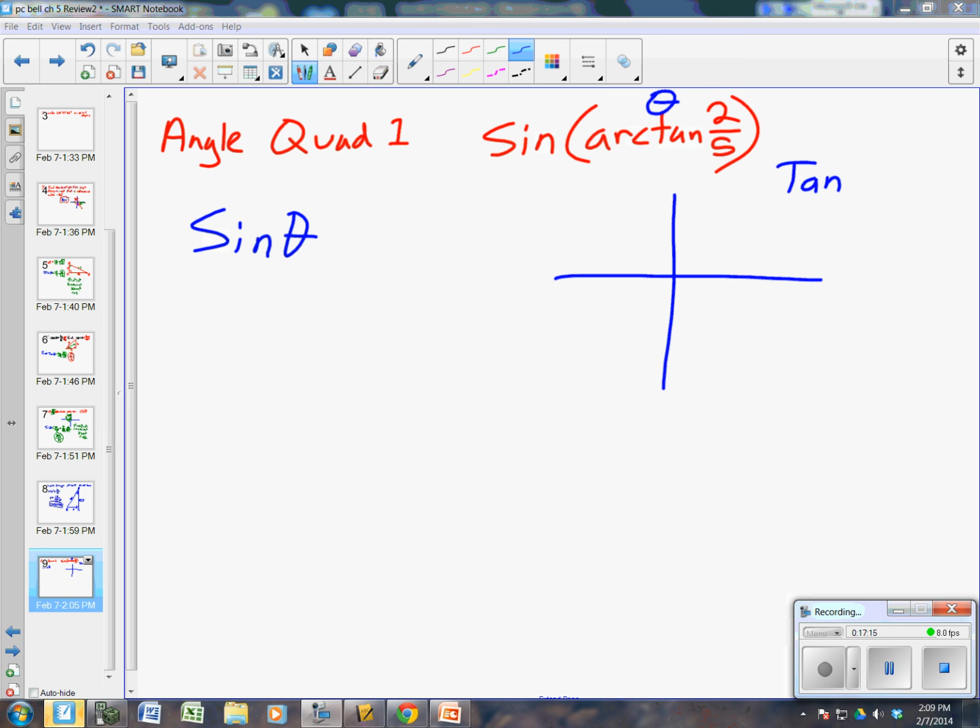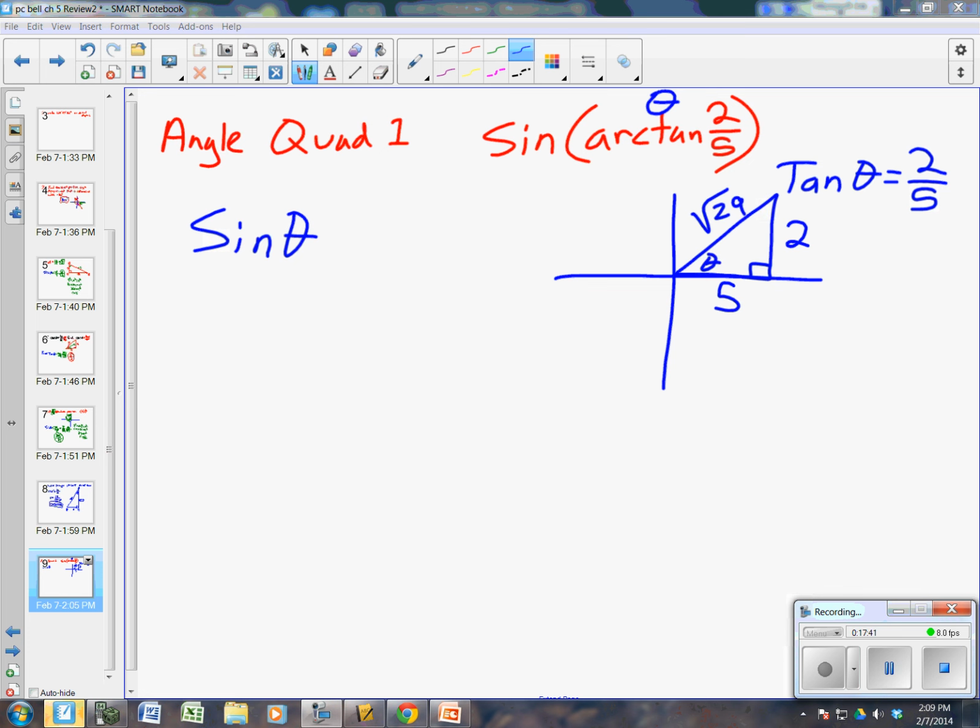That arctangent means the tangent of theta equals 2/5. So it becomes like the other problems we did. So if we have our angle in quadrant 1 right here, tangent is defined to be opposite over adjacent. So opposite side is 2, adjacent side is 5. If we use the Pythagorean theorem, this side we will find out to be the square root of 29.